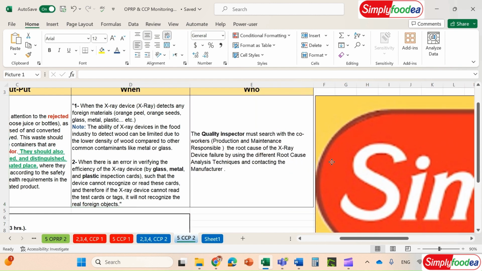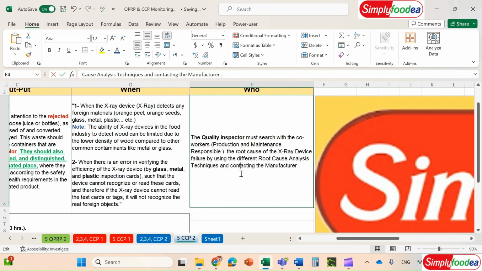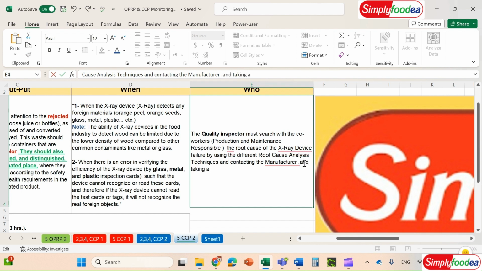And finally, as with each CCP from the beginning of our HACCP series, the quality inspector must work with co-workers like production and maintenance to find the root cause of the X-ray device failure by using different root cause analysis techniques, contacting the manufacturer, and taking approval from the quality manager and the production manager.